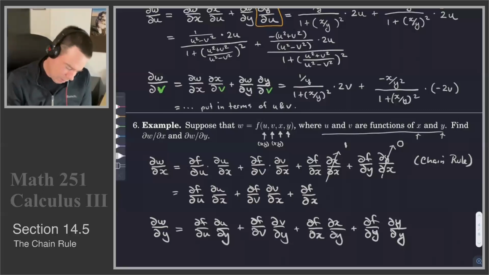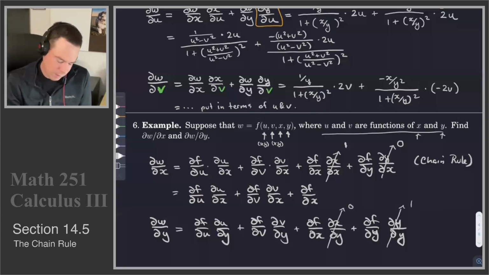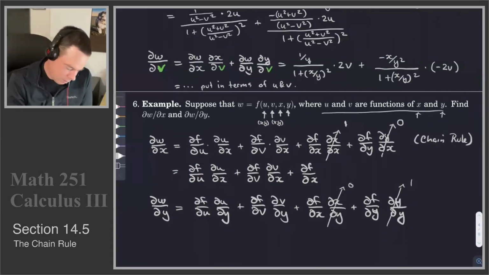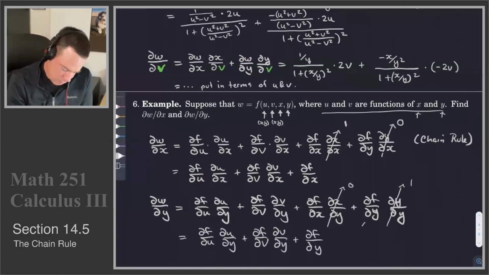Okay, sometimes when you get to the fourth term, you start to go on autopilot and then forget what it is you're actually doing. Again, dx/dy, that's going to be 0. So the derivative of x with respect to y, that's 0. But the derivative of y with respect to y, that's 1. So the partial derivative of the y function is 1. So this becomes df/du du/dy, plus df/dv dv/dy, plus df/dy. That's that one coming down there.